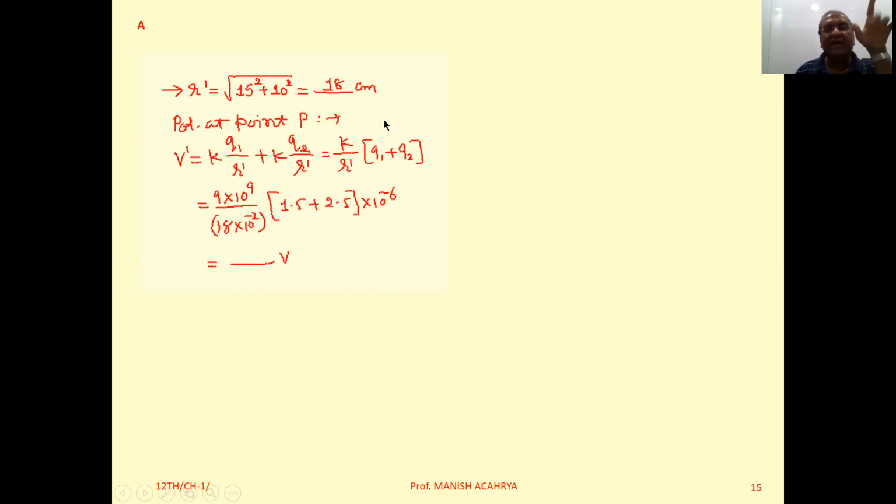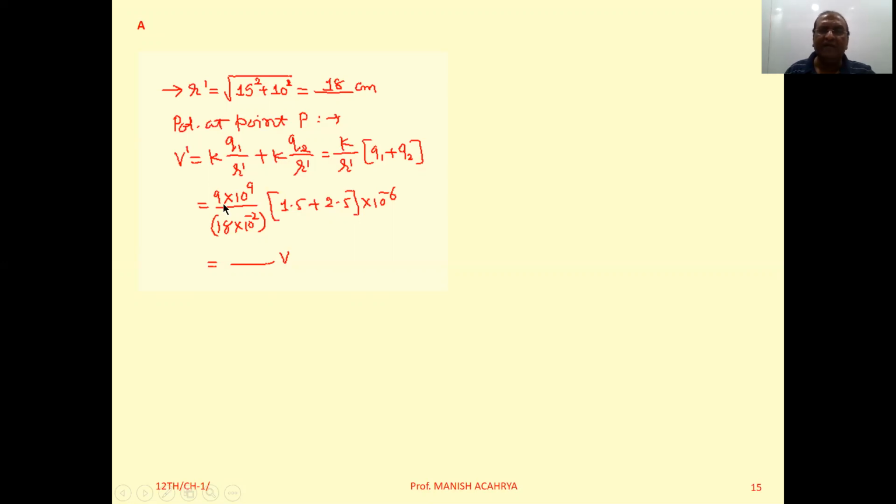Now potential at point P. That is potential due to charge Q1 plus potential due to charge Q2. So V dash is equal to kQ1 upon R dash plus kQ2 upon R dash. So that is equal to k upon R dash into (Q1 plus Q2).